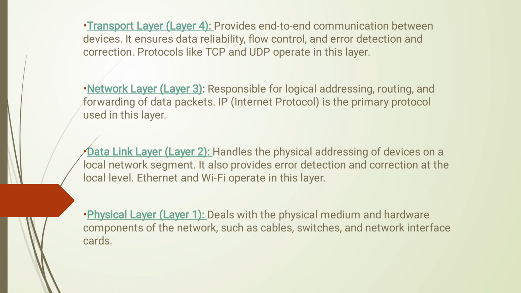Ethernet and Wi-Fi operate in this layer. And the first layer is the physical layer, which deals with the physical medium and hardware components of the network, such as cables, switches, and network interface cards.